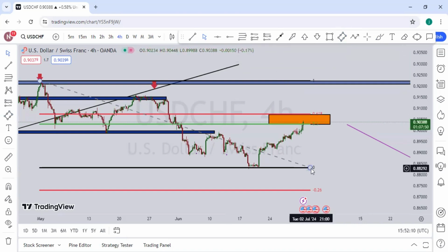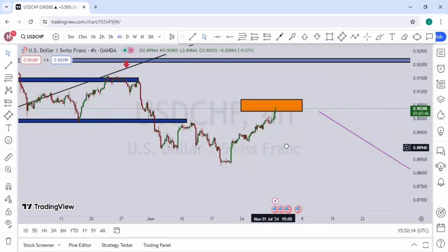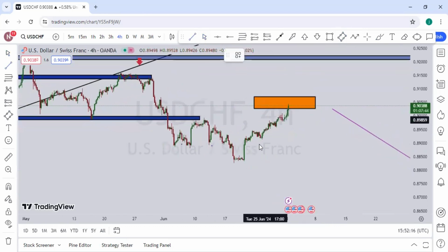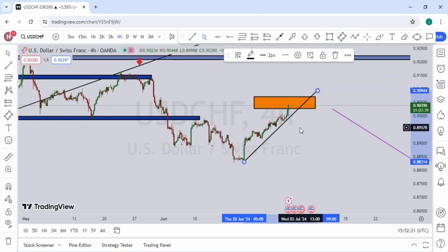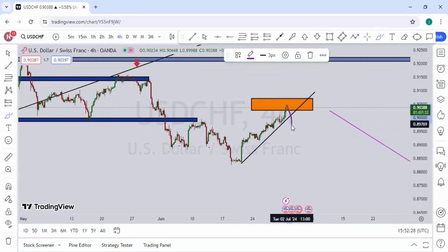Now, on the 4 hour, I'm expecting to see the market retrace around here, break this level, then I will enter this trade below here.